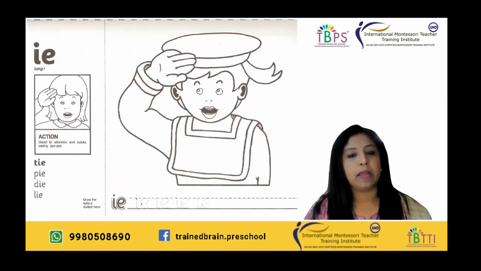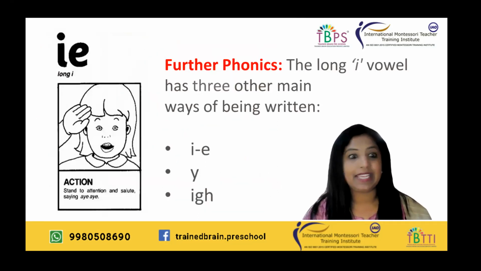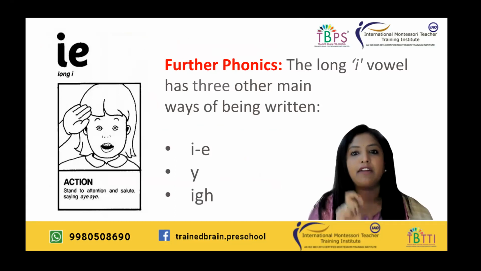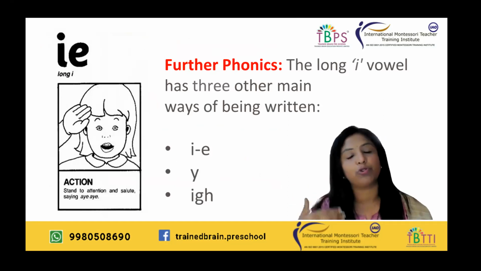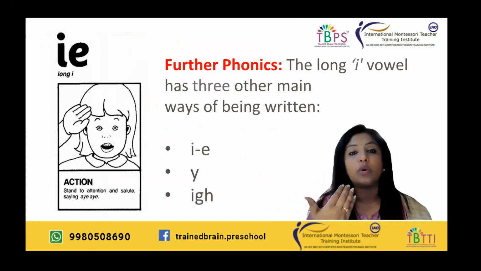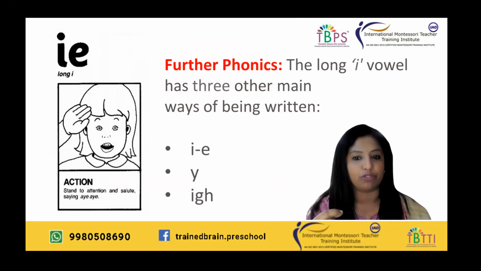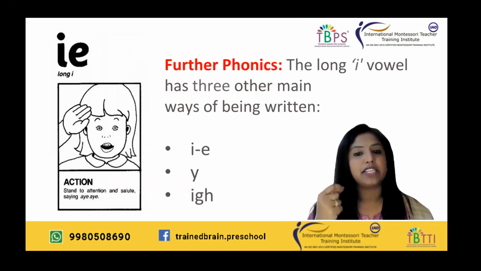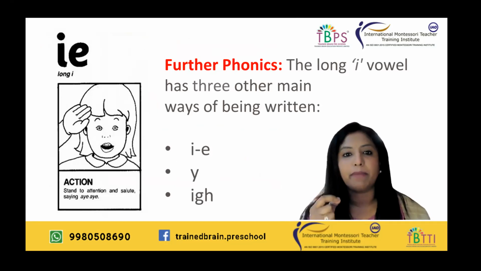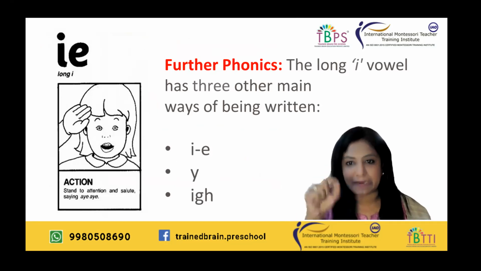We do a worksheet. But does this have alternative spellings? Yes, please note down in our further phonics. So when our children are in Mont 3, when children are in UKG, or when they're about to go to your first standard, you can also introduce that we have alternative spellings which make the long I sound. So what is it? I have my split digraph which has a combination of I-E.